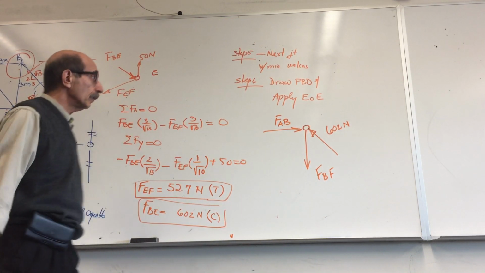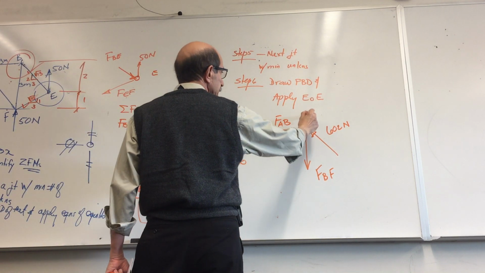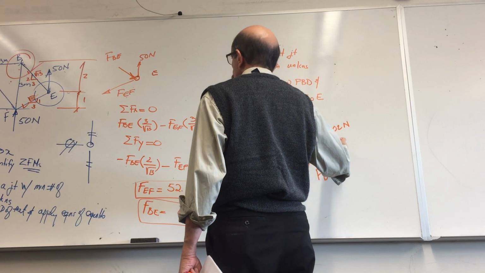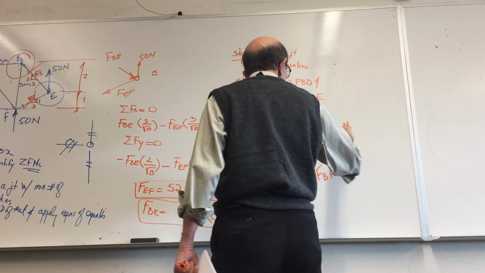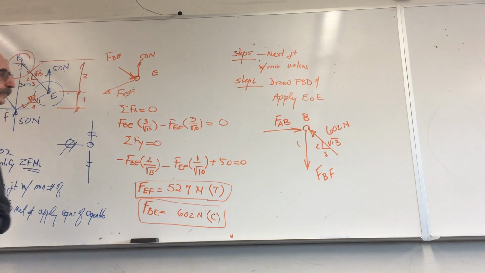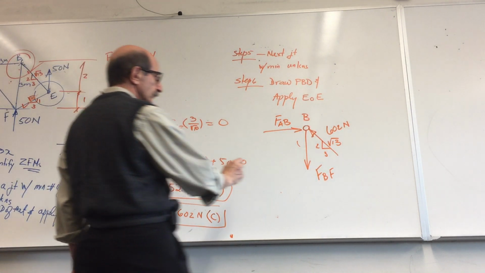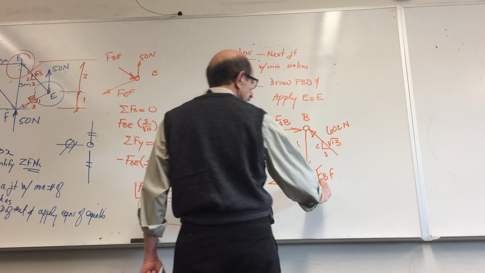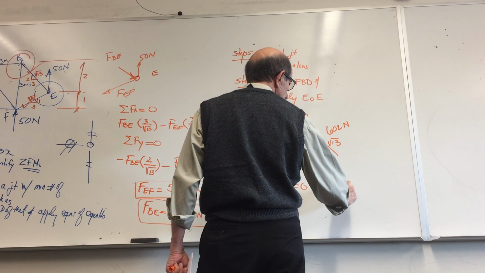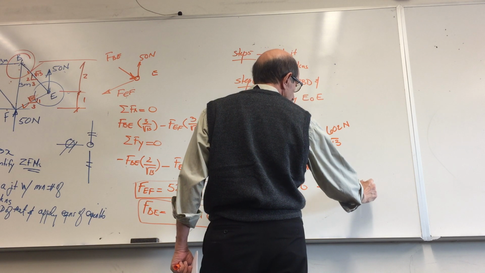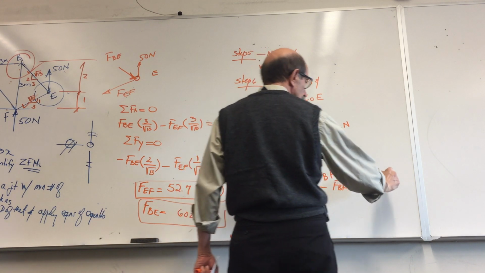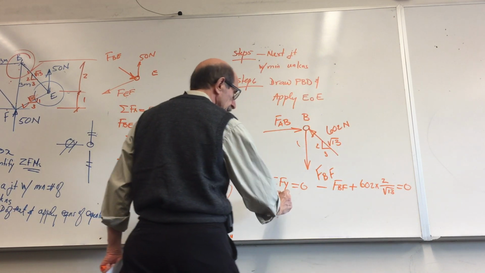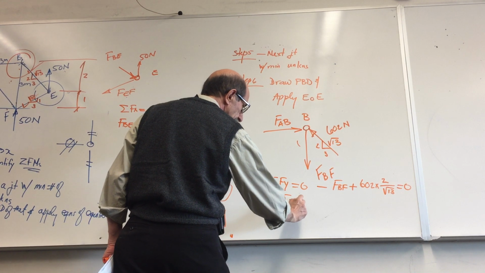That's the free body diagram of joint B. And this is 2, 3, square root 13. If you write the summation of forces along y equal to 0, you have negative FBF plus 602 times 2 over square root 13 is equal to 0. That will give you FBF.